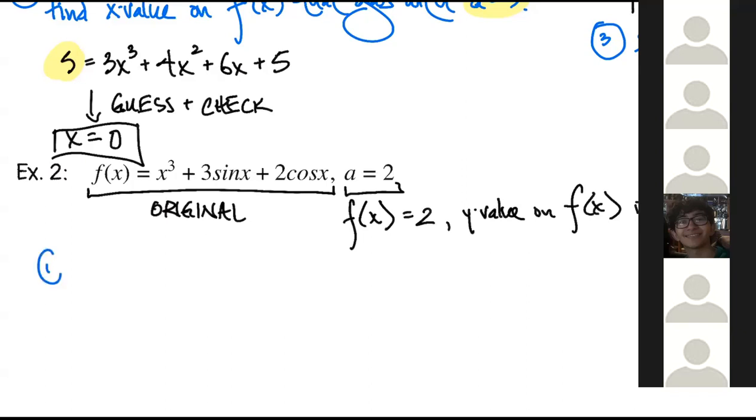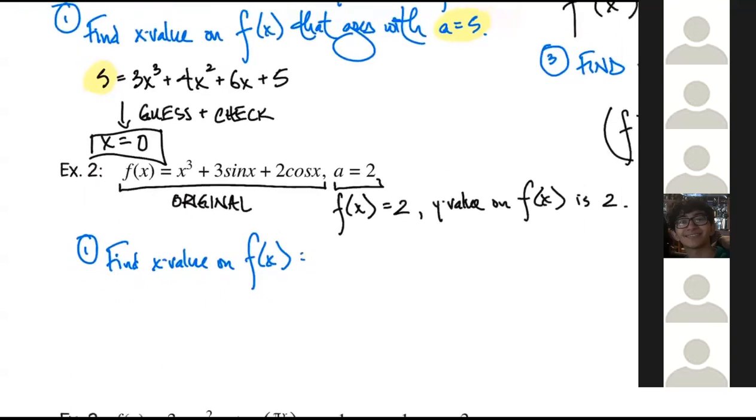So first step from before, we're going to find the x value on the original. And so we're going to just set up the equation. We'll get 2 equals x cubed plus 3 sine x plus 2 cosine x.